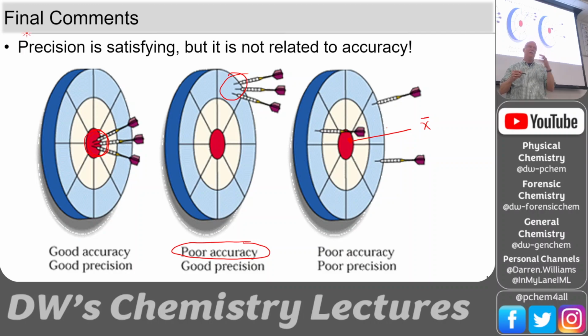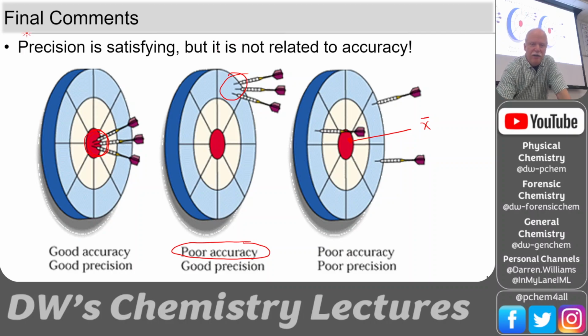So precision is something we can work on very well. And we can sort of test ourselves with standards to test how well we get the right answer. But for a true unknown, we really don't know the right answer. But we can be confident when we have good precision. And if we can detect a bias with standards, then we can correct for that.